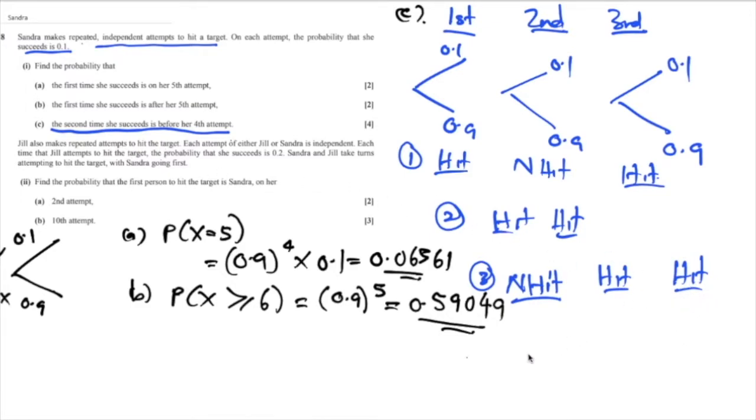So these are the 3 possibilities. I think this was the difficult part, to think. Once you figure this out, the rest should be fine, because you just have to add.